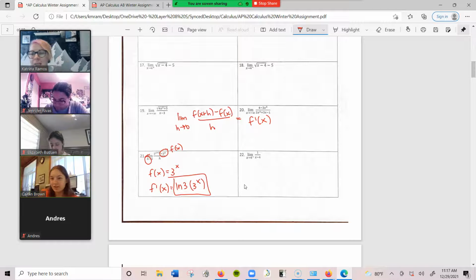The degree is the highest exponent. Let me just make sure. Okay, no, you're good. So they're the same because in the numerator, the highest term with the exponent is the x squared, right?